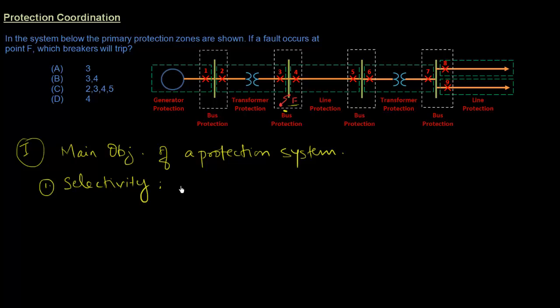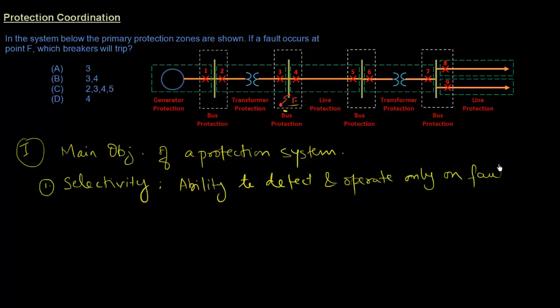So selectivity is the ability to detect and operate only on the faulty part of the circuit. So that's one of the primary objectives when you're designing a protection system.